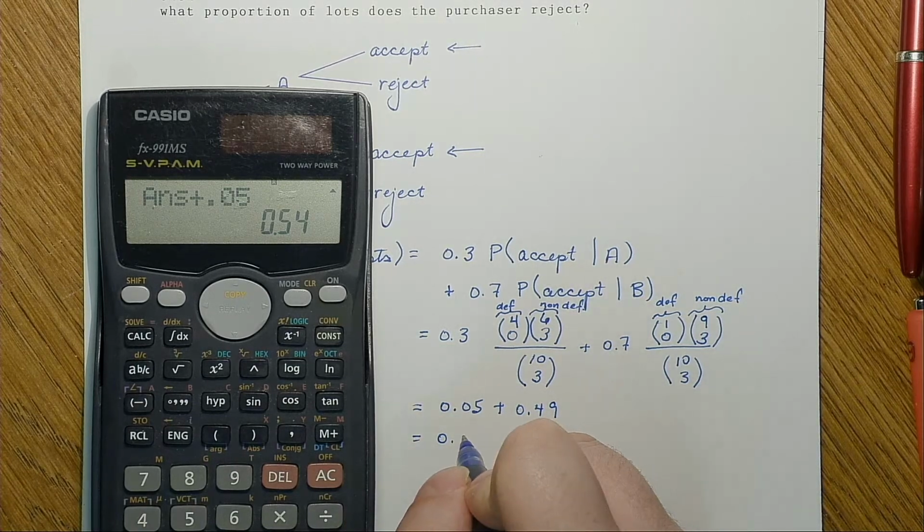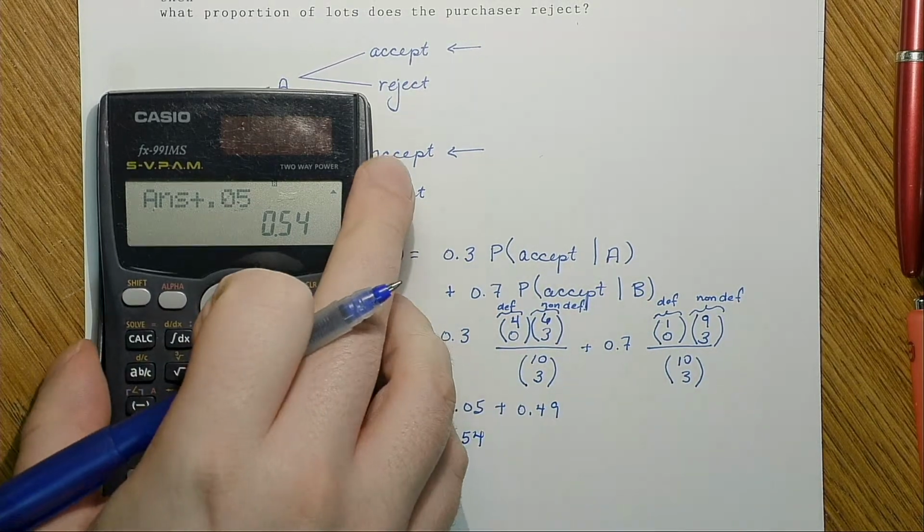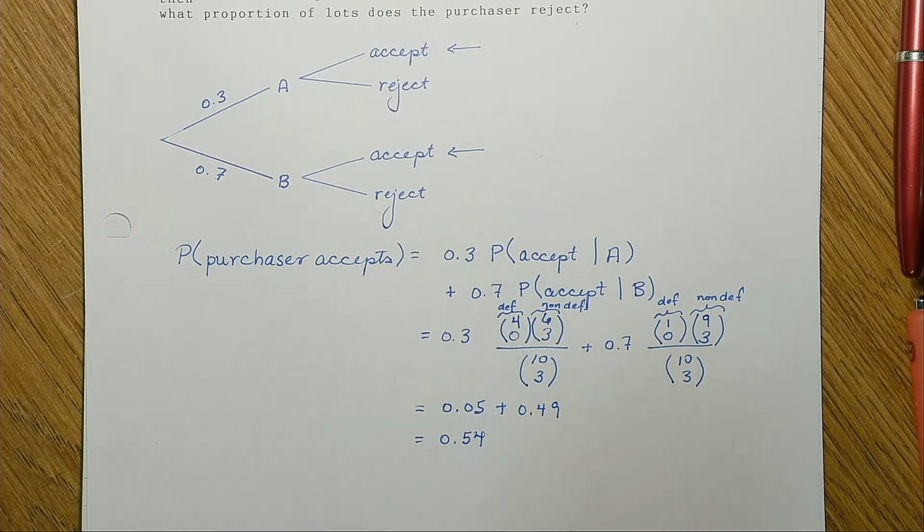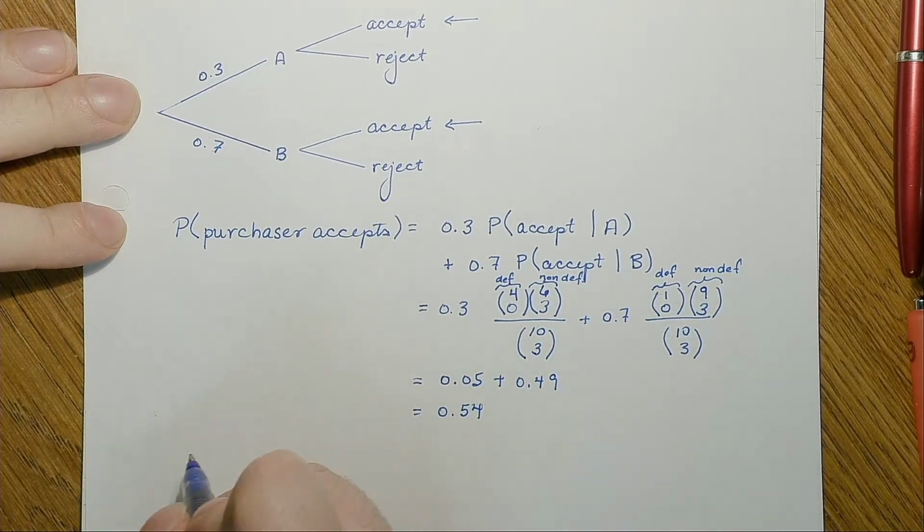Which gives us 0.54 for accepting it. So that means that the purchaser rejects it.